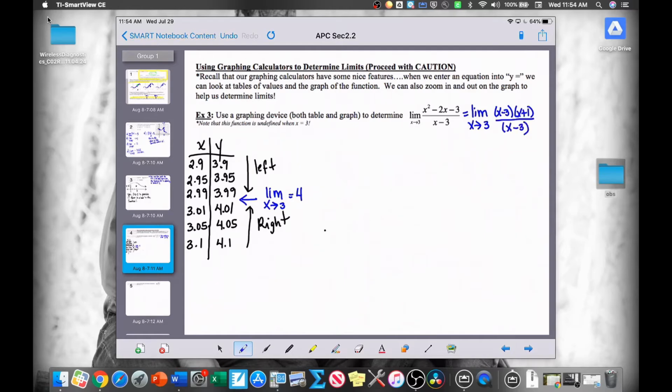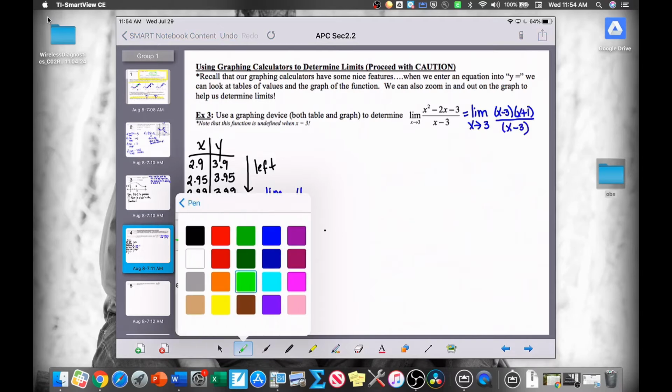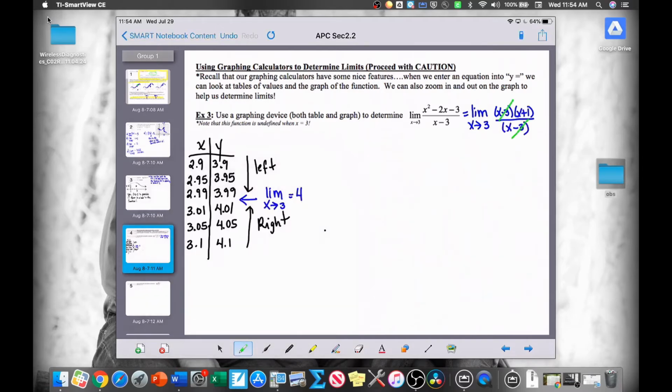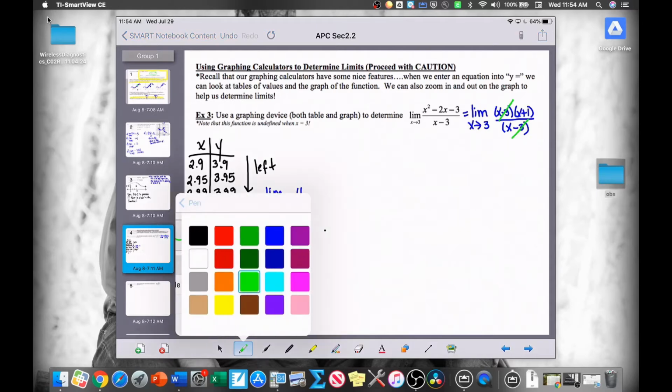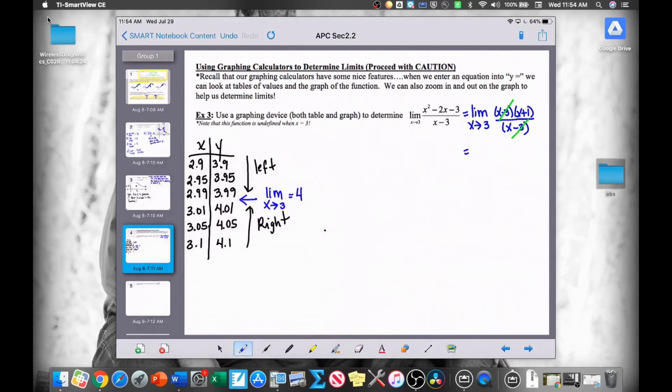Hopefully you remember, because we talked about this already earlier this year, that when we have that same family upstairs and downstairs, that creates a hole in our graph. So this is now going to be equal to the limit as x approaches 3 of x plus 1, which when we plug 3 in, 3 plus 1 is 4. So when we do this algebraically, we also get a limit of 4.